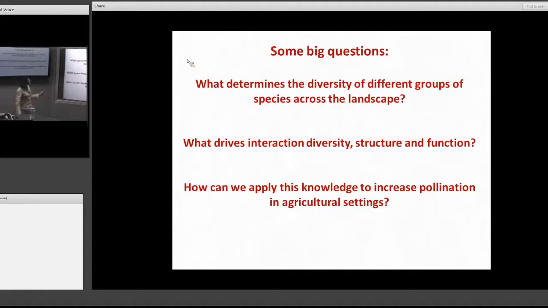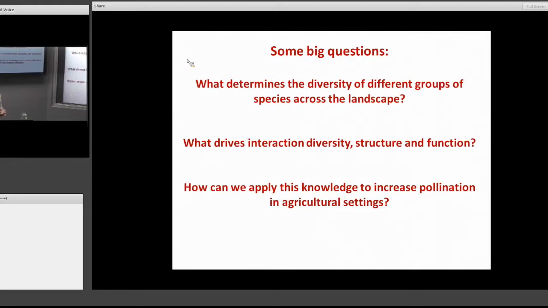Okay. So thinking about what determines species diversity and composition across spatial and temporal scales, and extending that to species interactions, what, especially in terms of the environmental conditions, is driving their diversity and their structure and function.